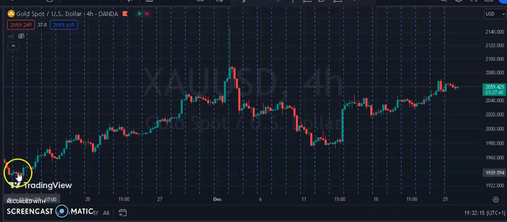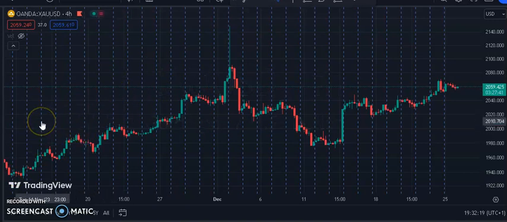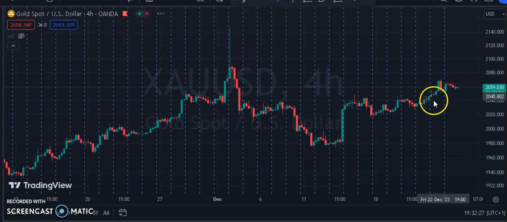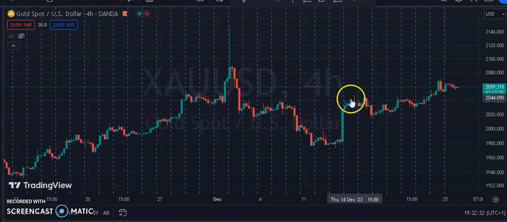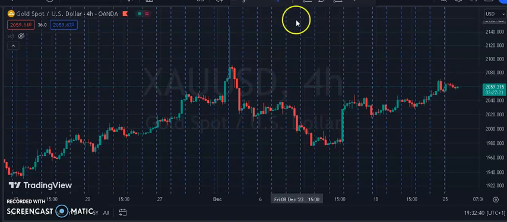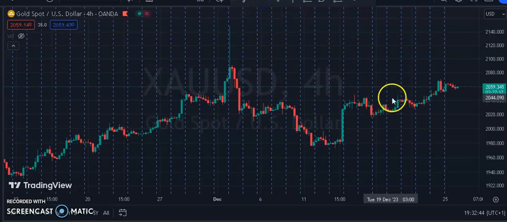Going to the monthly, or going back a lot to get data, doesn't matter. What matters a lot is the data as close to where you want to trade. Let's assume I want to trade the next session or the next day. All I need to do is look at the data as close as possible.